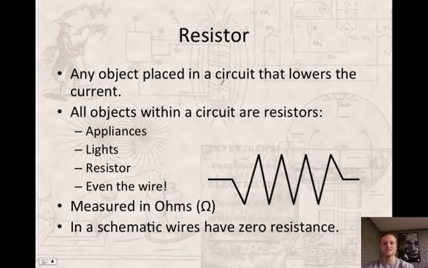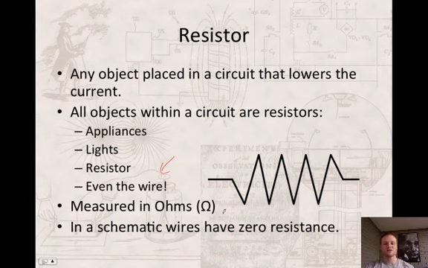A resistor is any object placed in a circuit that lowers the current. Basically all objects within a circuit can be considered a resistor. So for instance, appliances, your refrigerator, your washing machine, your heater, your hair dryer, whatever you're putting in there is going to be considered a resistor. Lights are resistors, and even the wires themselves can in a way be considered a resistor.